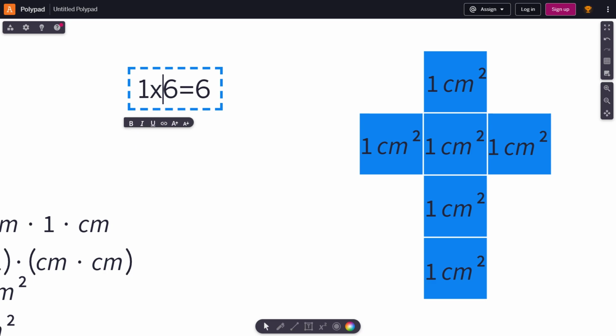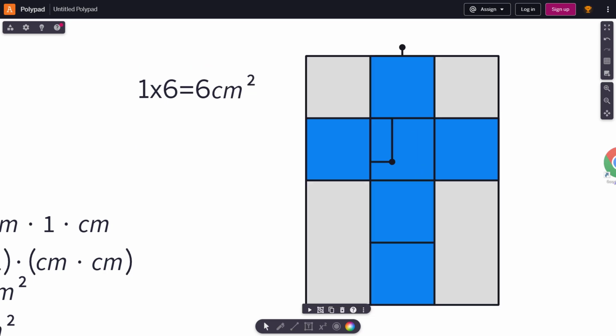Always remember the unit, or else you lose marks. I'm kidding, you might not get a 0, but you will just lose some marks. You understand what I'm talking about.